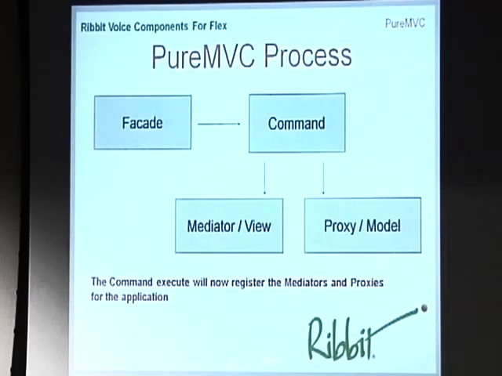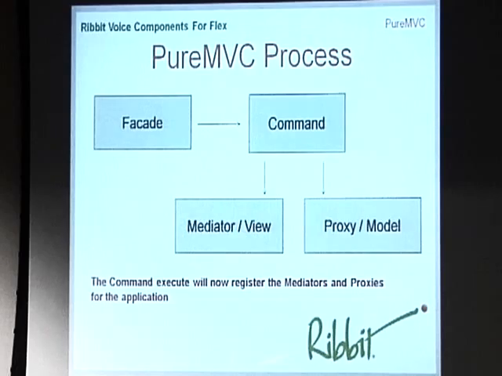Here, we couldn't really do that because we don't want to tie the end user down. If they want to use PureMVC also for their application, we didn't want to create an application facade so that they could do it, and then our components would actually just be a component facade. So we can just import those in. They'd be separated from your main application framework if you decide to use PureMVC.